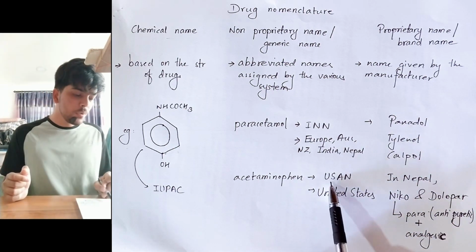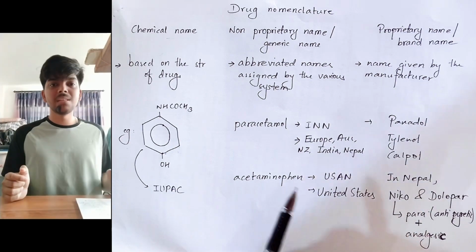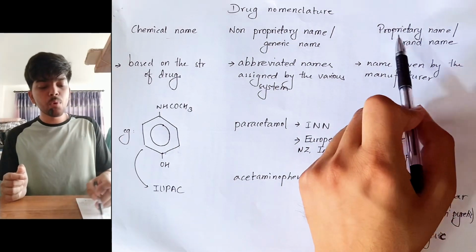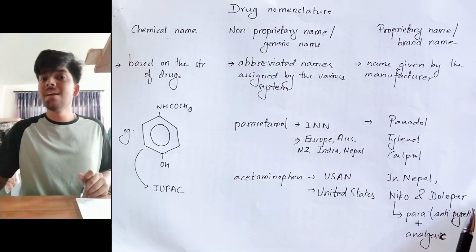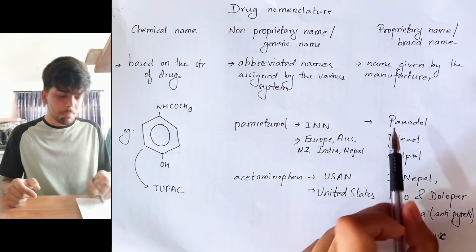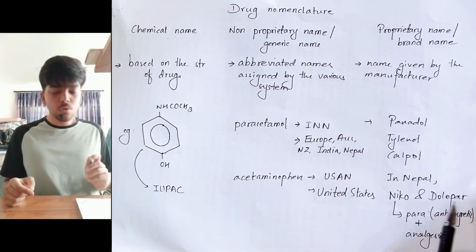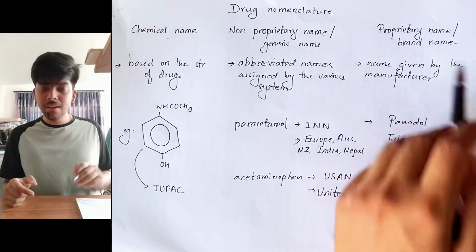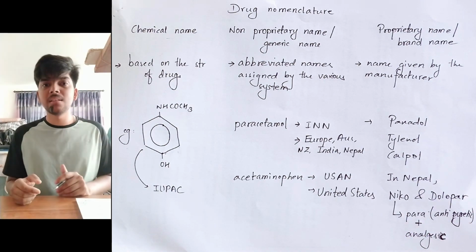And the other system, USAN, has given the name acetaminophen to the same drug, which is a generic name widely used in the United States. And third is the proprietary name or brand name, which is given by the company or brand that manufactures that drug. For example, Panadol, Tylenol, Calpol. In Nepal, Nico and Dolopar are widely used during fever. Nico and Dolopar are brand names and they contain antipyretic paracetamol as well as an analgesic in a mixture.